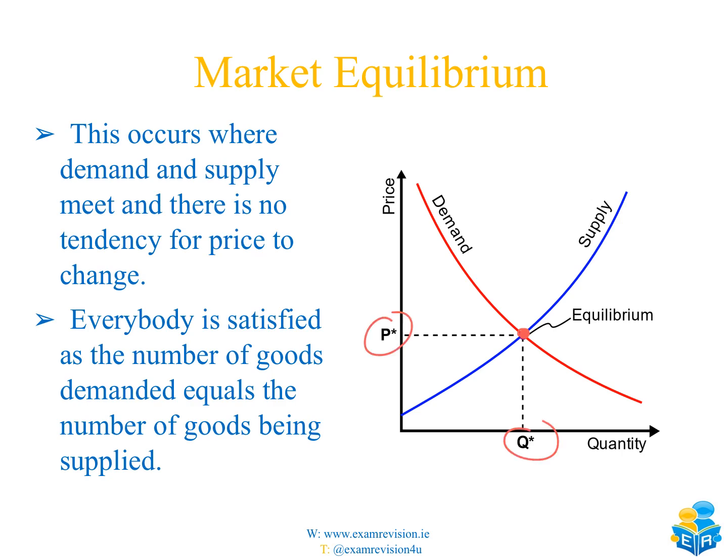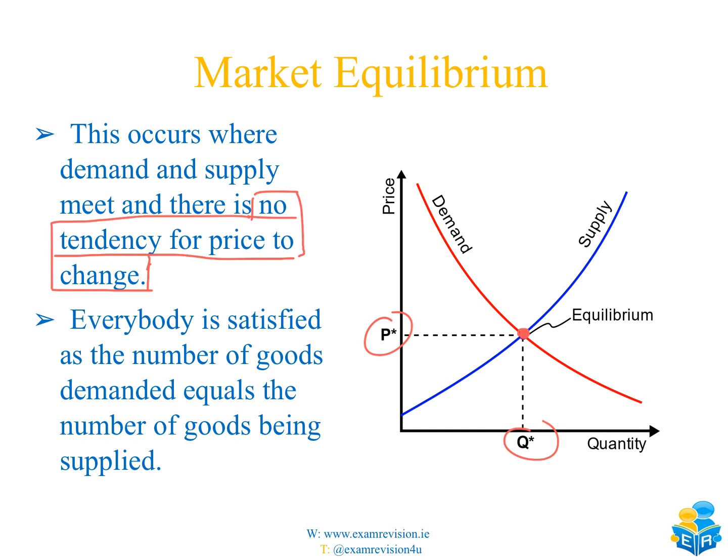Alright, so it's very, very simple. It's the point where they both meet and there's no tendency for price to change. Okay, and that's a common thing that's left out by students. In your definition, they often say it's where supply and demand meet, but they always forget to say there's no tendency for price to change.